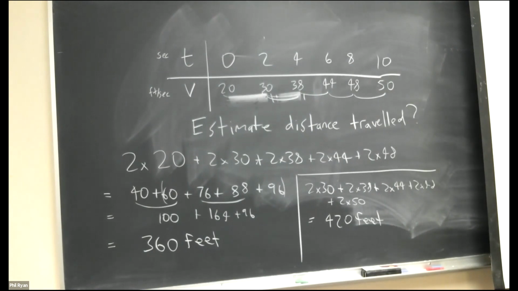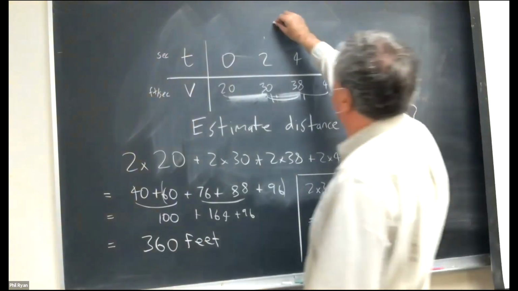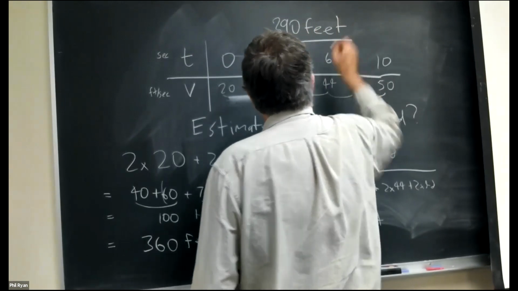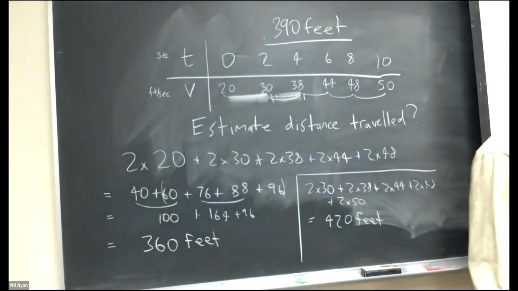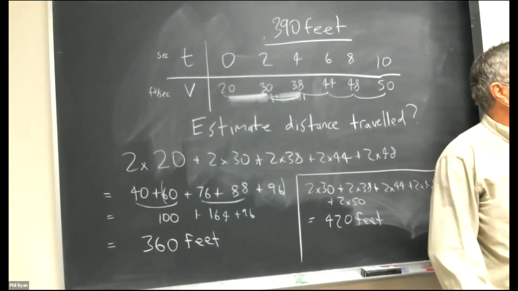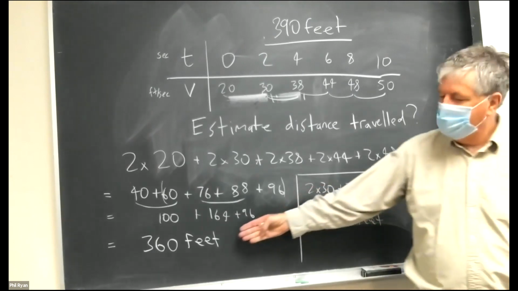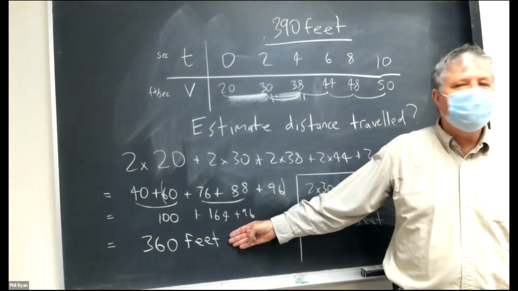Now, let's say someone asks you, how far do you think they went? What answer would you give? That sounds great. So let's say 390 feet would be a great answer. That would be the best possible answer that we would get with the data given. We know that we went more than 360 feet.